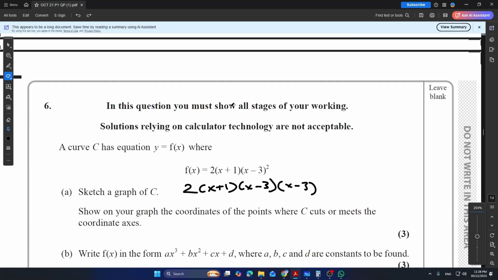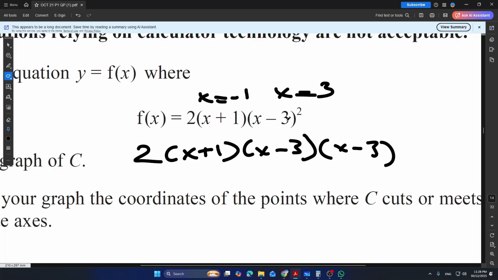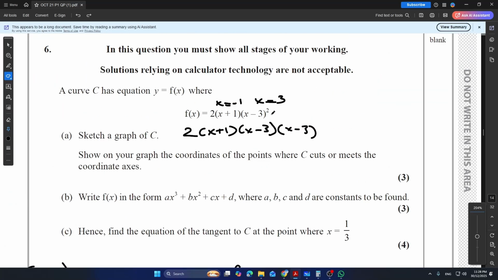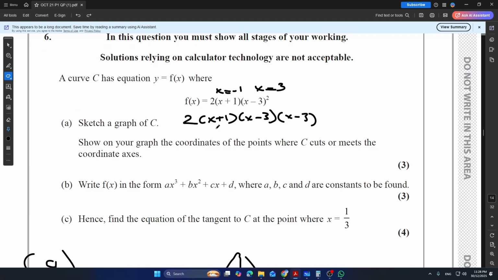we do one thing. We take this sign and we flip it. So plus 1 means it crosses at minus 1, and it crosses at x equal to 3, because I flipped the sign. But here it doesn't cross, it touches. If I have a squared, I'll show you what I mean by touches. We also need to find the y-intercept.